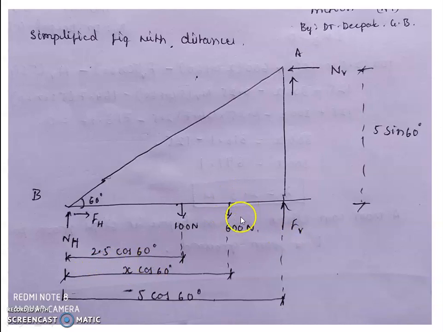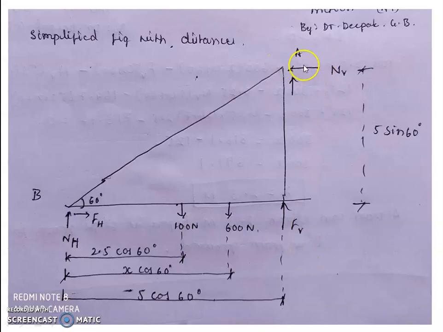Similarly, the man's weight is 600 and he is at a distance x cos 60 from the reference point. He is also generating a clockwise moment, hence the moment becomes 600 into x cos 60. And one more, the friction force is acting upwards, at a distance 5 cos 60 from the reference point, and it is making an anti-clockwise moment, hence it is negative.